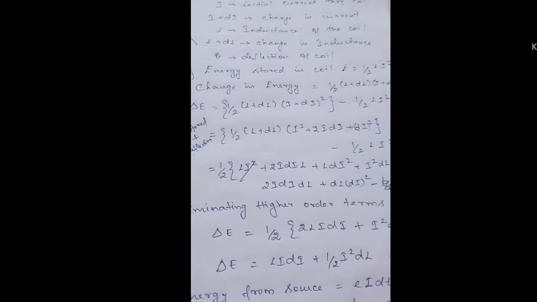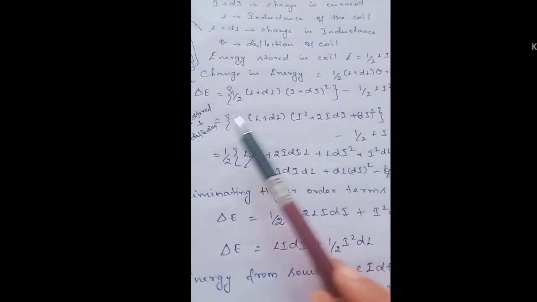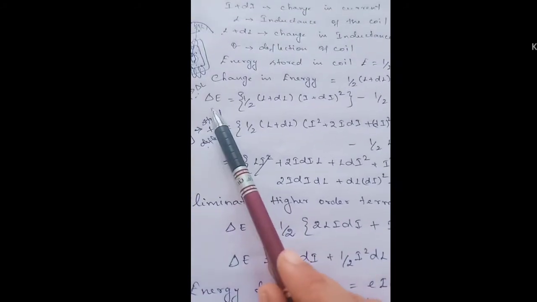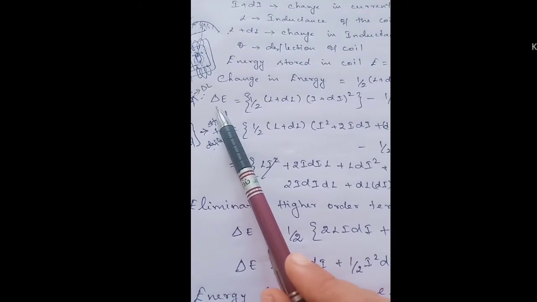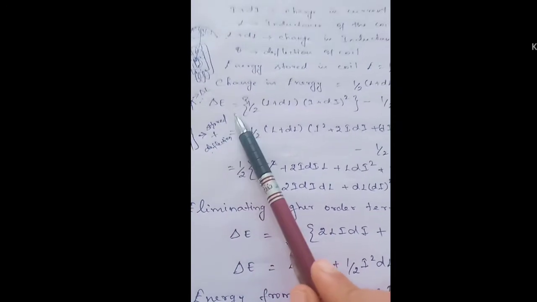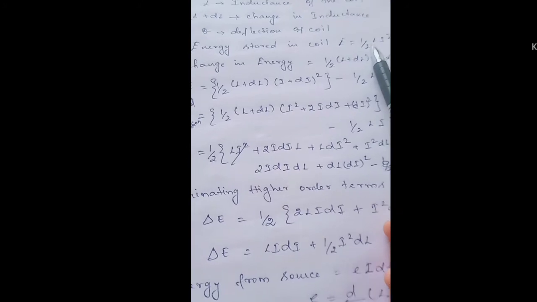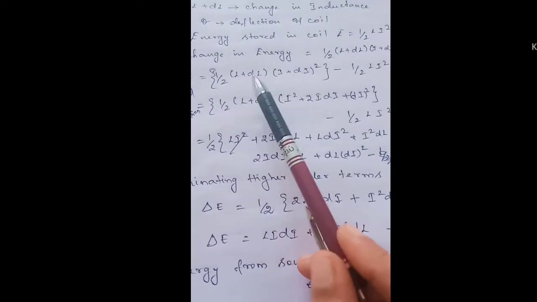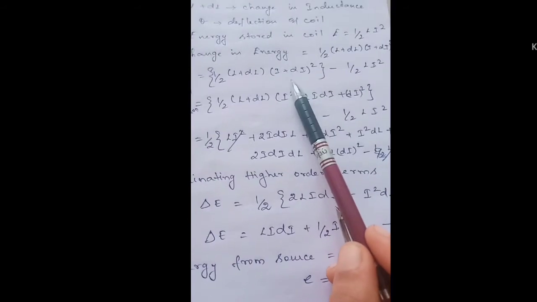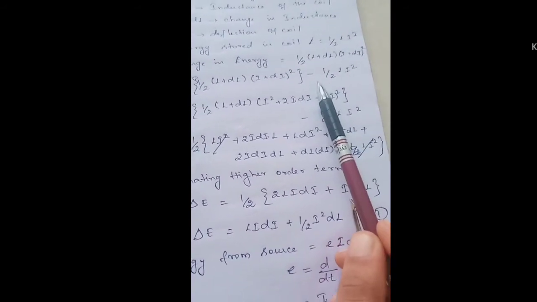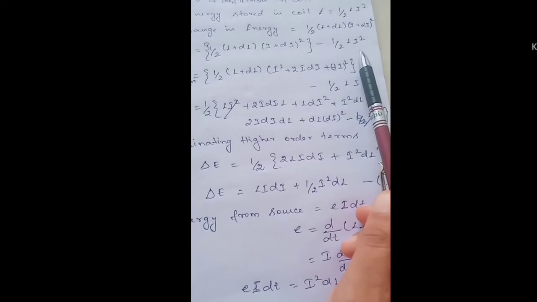So what will be the resultant change in energy? The resultant change in energy will be represented as delta E, and it is equal to the changed energy minus the energy stored in the coil. So it can be written as 1 by 2 L plus dL into I plus dI the whole square minus 1 by 2 L I square.